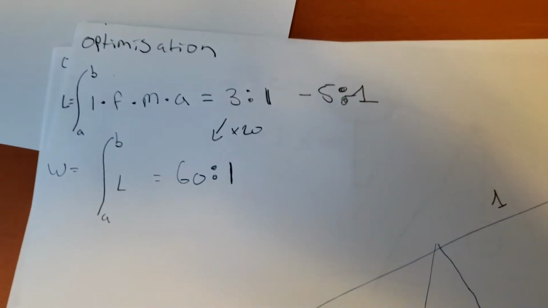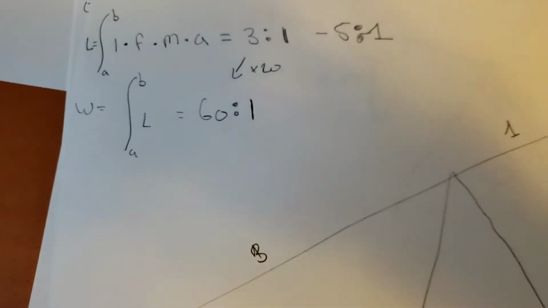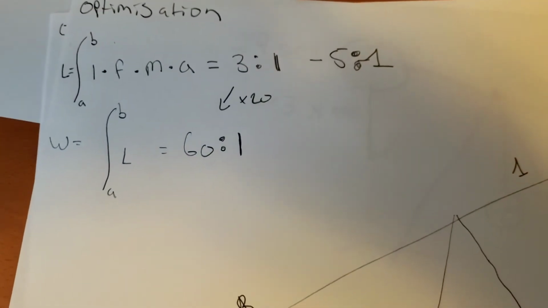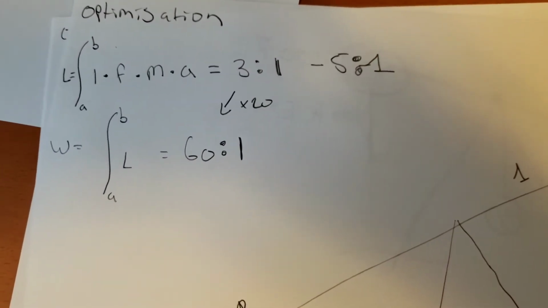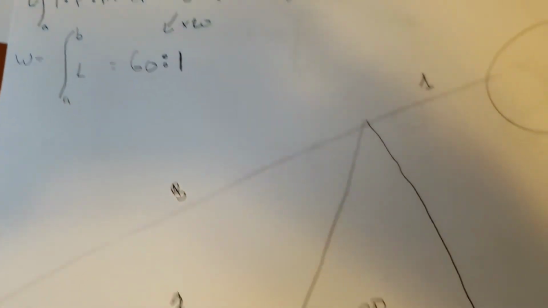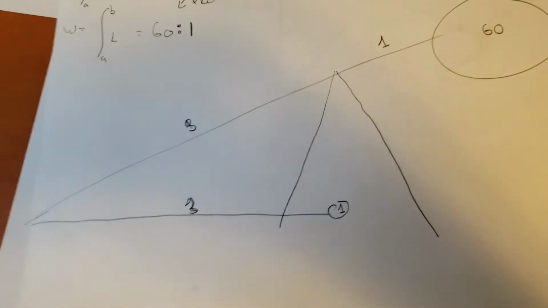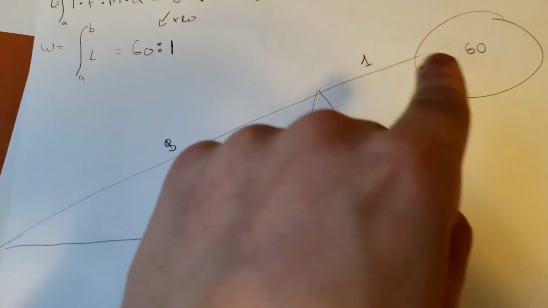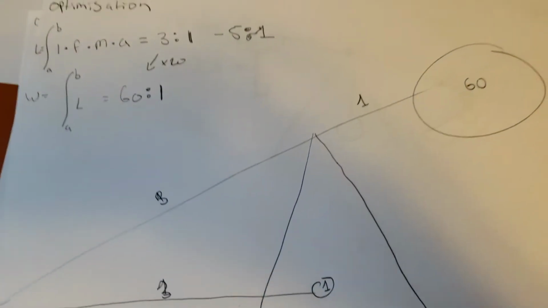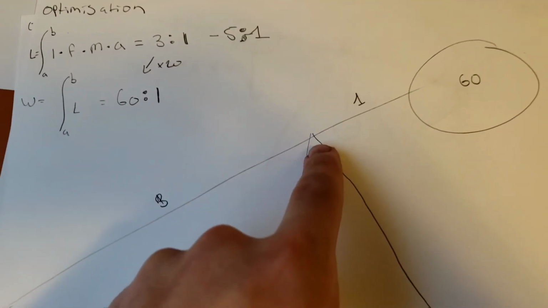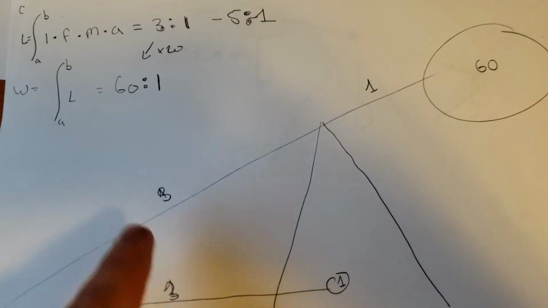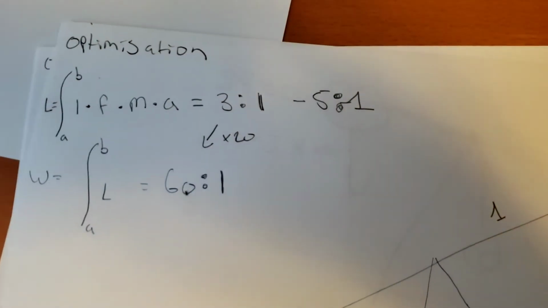After doing some intense, not real, mathematics, I've figured out that the optimum length ratio from this length to that length of the stick, with the center of rotation being right here, is 3 to 1 to 5 to 1.